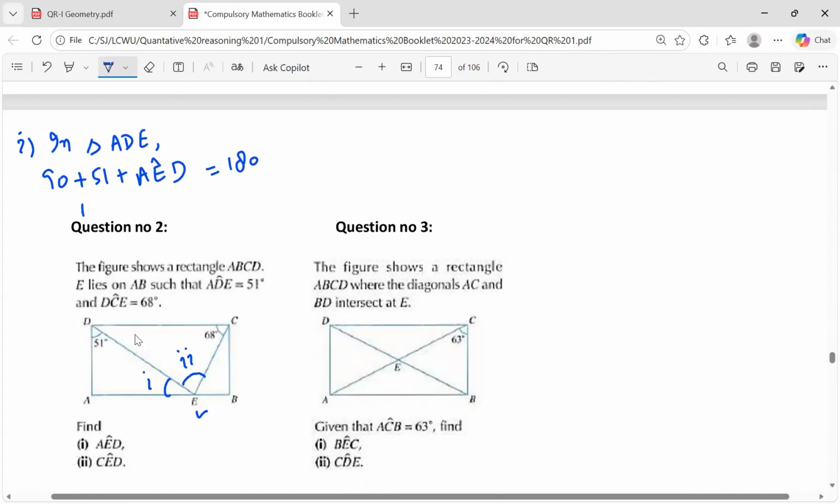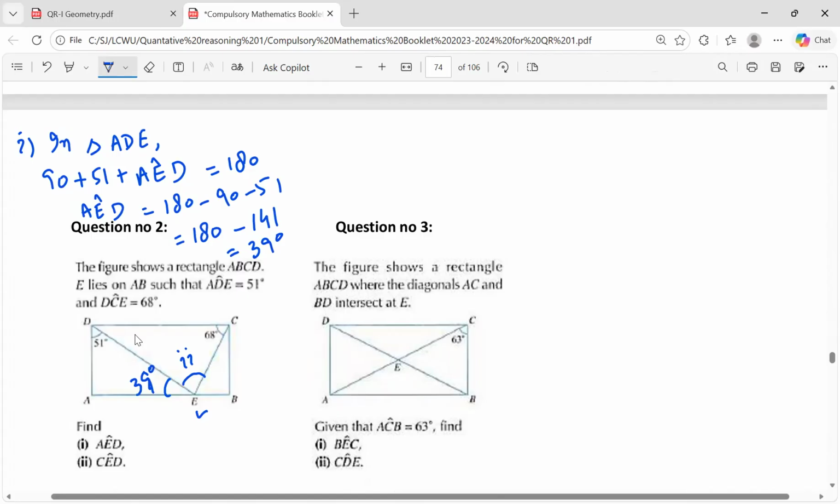From here, angle AED is equal to 180 minus 90 minus 51, which is 180 minus 141, equal to 39 degrees. So this angle 1 is 39 degrees.